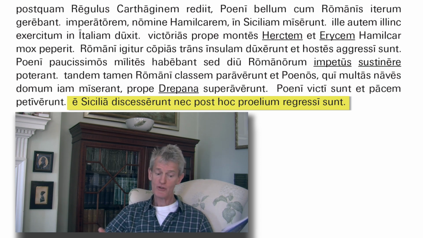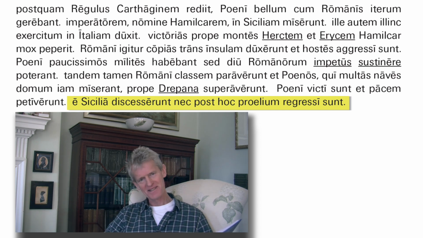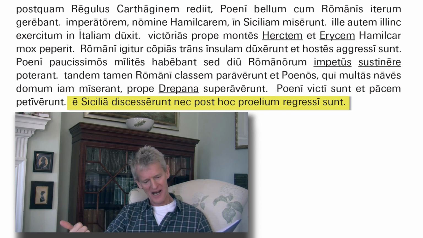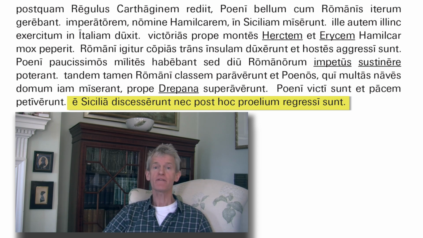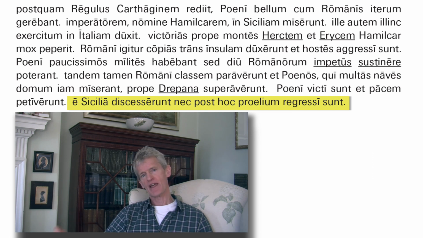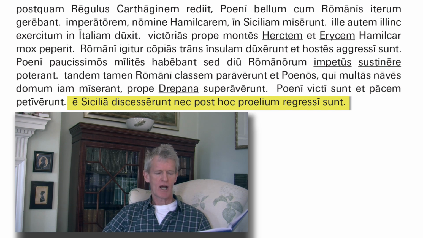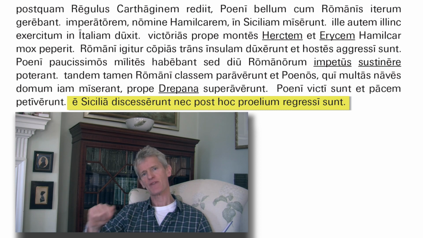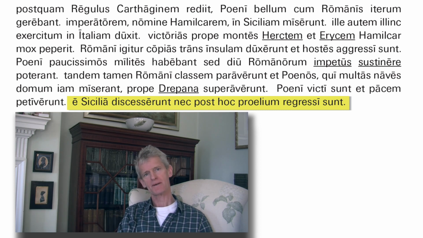So, nec post hoc proelium, and, skip nec for now, nec post hoc proelium, after this battle, regressi sunt, they came back, regredio, to come back. So, they departed from Sicily, and after this battle, they did not come back.